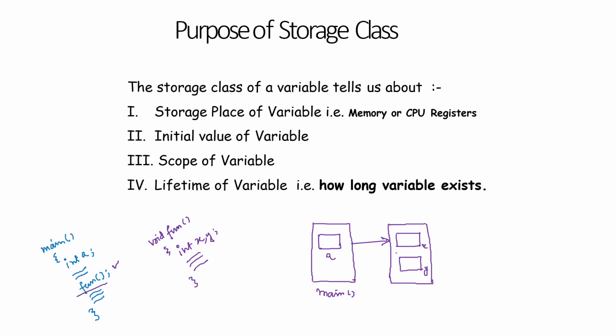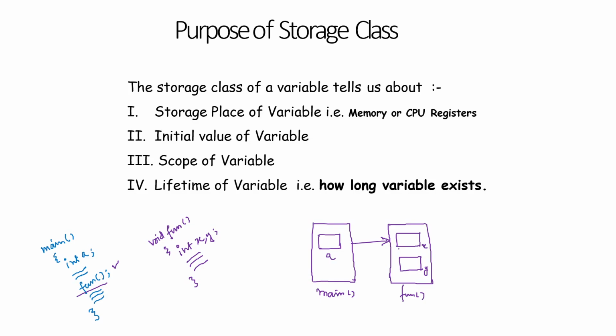Now the question is, up to how much time will x and y stay active, in the sense that the memory is occupied because of the execution of function fun? Up to how much time will this memory be occupied?